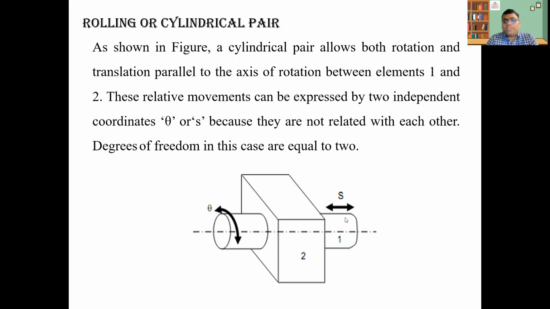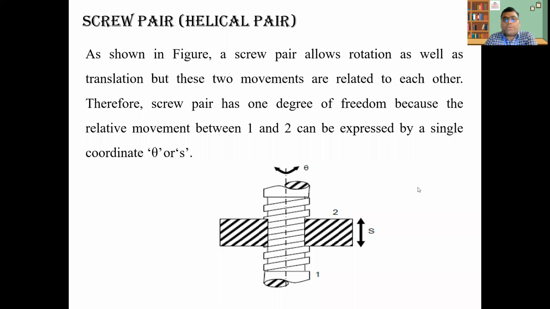The motion between these two elements can be expressed by two independent coordinates, theta and s. They are not related to each other. So what is the degree of freedom of the cylindric pair? It's 2, because it has two independent motions, one translation and one rotation.